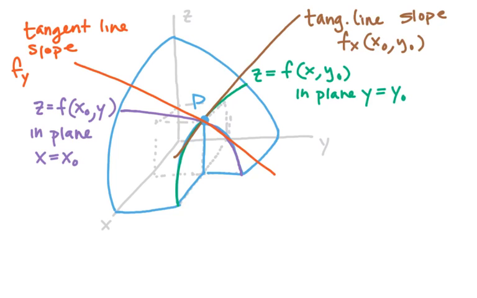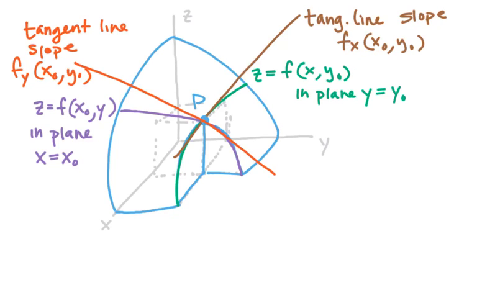So of that point, x naught, y naught. So you'll look here, x naught, we turn that into a number, the constant. That gives us the partial with respect to y. Whereas on this curve, we turn y into a constant. We're taking the partial with respect to x.